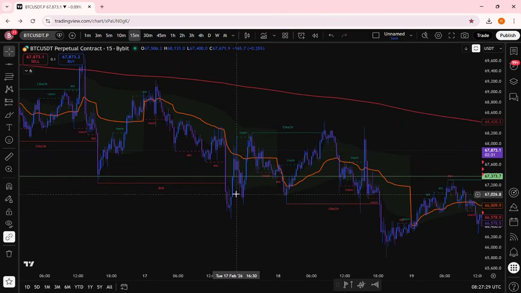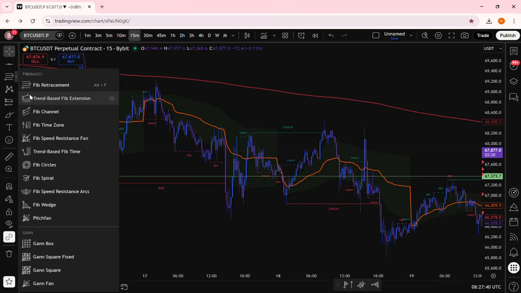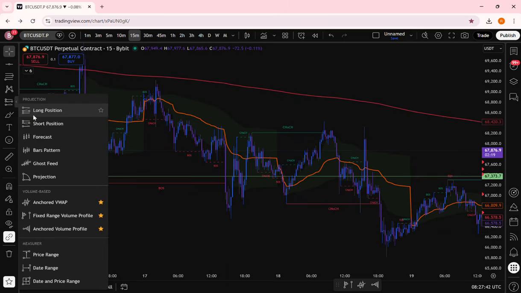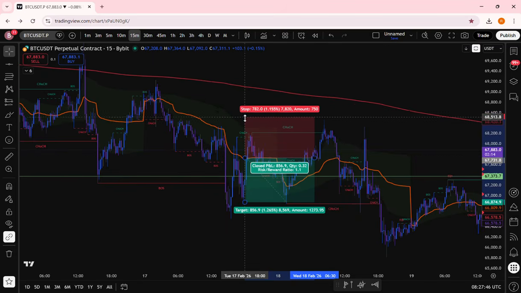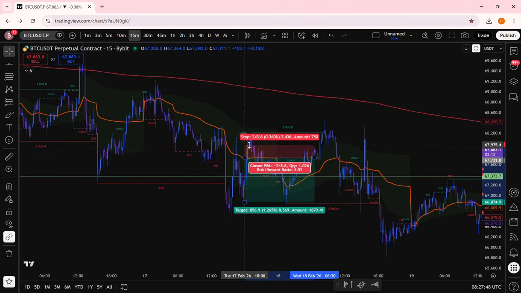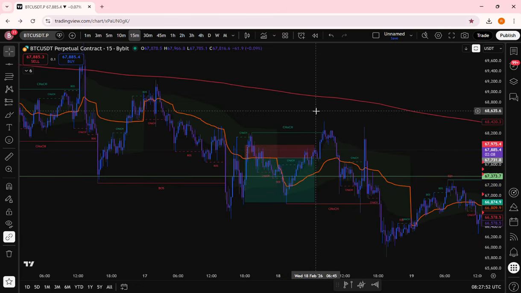So we'd want to see a retest to the VWAP, and if we can't break the VWAP, you're looking for a short position. Now if you had taken a short position here, the chances of getting stopped out are quite high, because you'd want to use a tight stop loss, like a 0.3. So you would see that would have been stopped out.